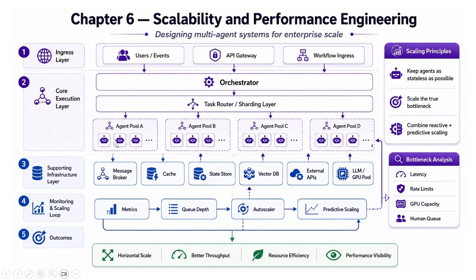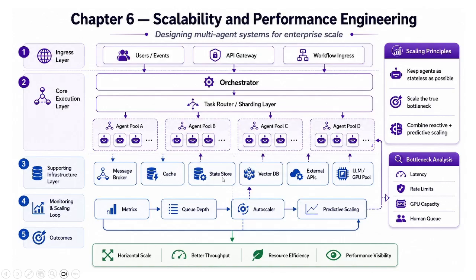Then we have stage three, the supporting infrastructure layer. This will be deployed on Kubernetes. We have the orchestrator engine on its own pod, and the agent pools on their own pods as well. And then we have the supporting infrastructure layer. You have a message broker like RabbitMQ, or Azure Service Bus for this kind of operation. You have caching, where you can use Azure Redis Cache.